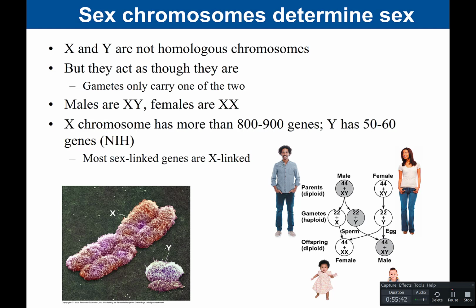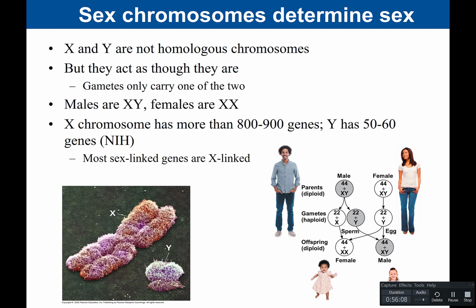Well, we need to go back and talk about our sex chromosomes. Sex chromosomes determine sex, right? Male or female. X and Y are not homologous chromosomes, because remember that homologous chromosomes are matched in size, in banding patterns, and in the genes that they contain. Here is an electron micrograph showing those.